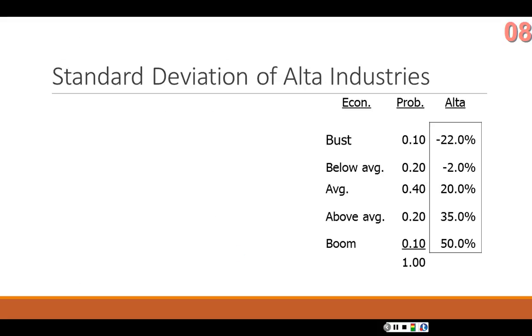So we can calculate the standard deviation for Alta. Remember, the standard deviation is equal to the square root of the summation of the observed return minus the expected return squared times the probability of the event occurring.